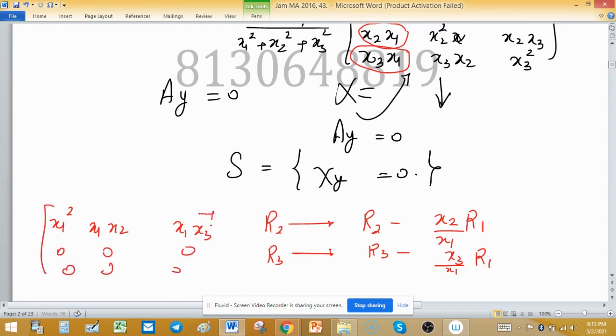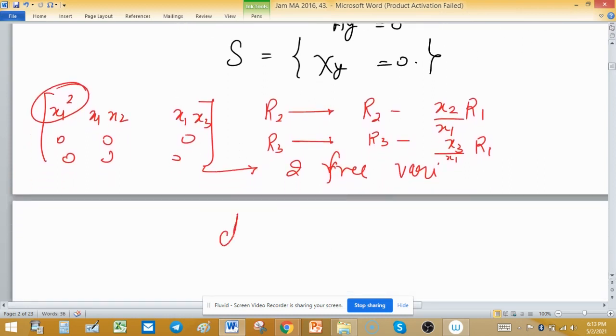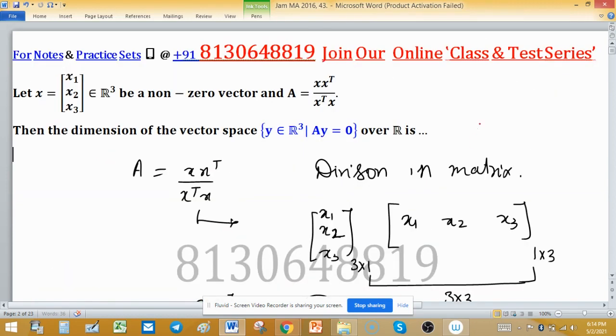So now you can check that you have two free variables here, because this is the pivot position, this is the basic variable. So one is a basic variable and two are free variables. So the dimension of Ay equal to 0, the dimension of this set, is 2. So 2 is the correct answer of this problem.